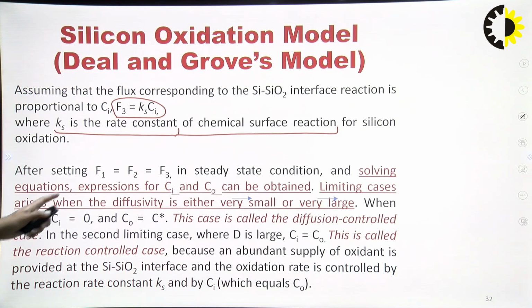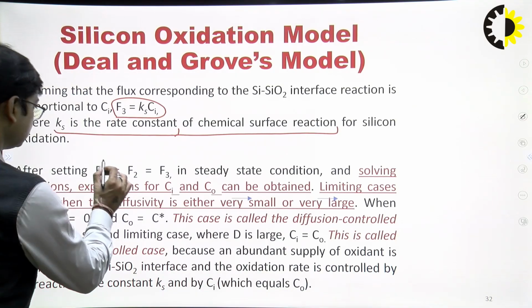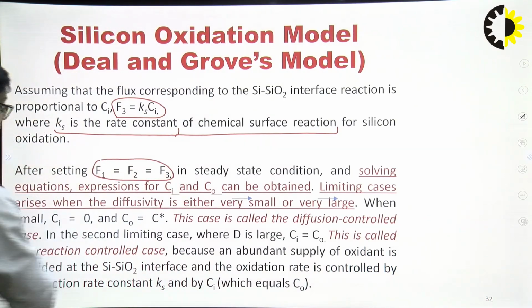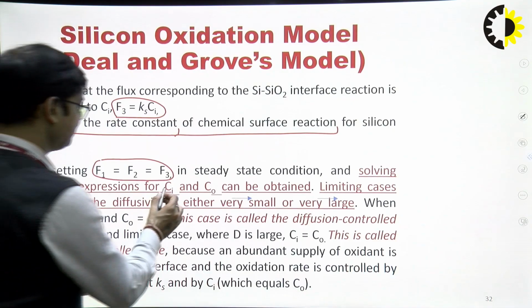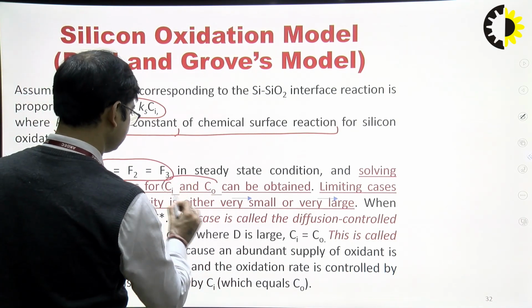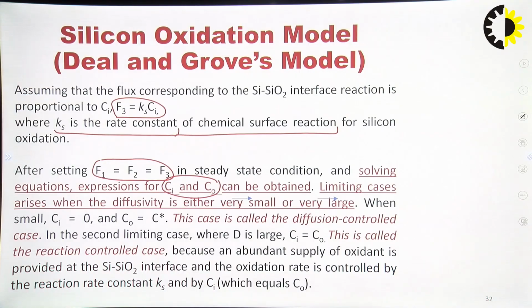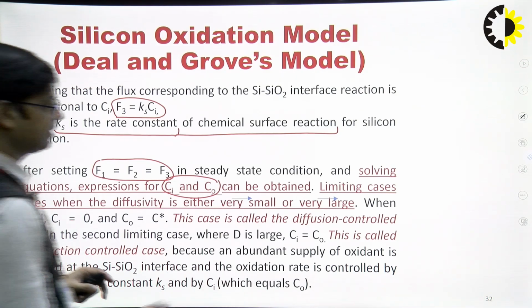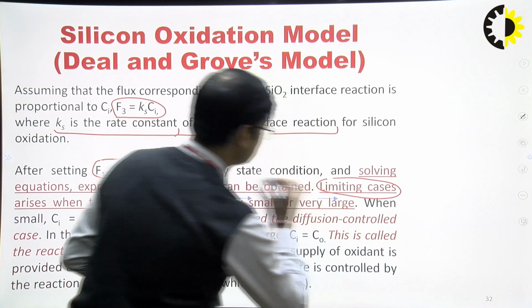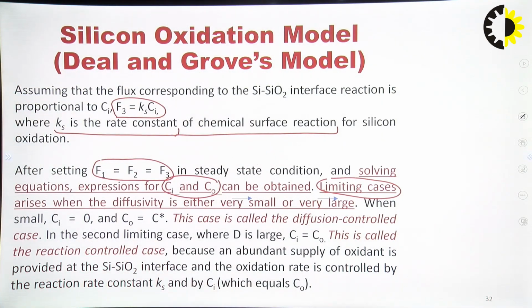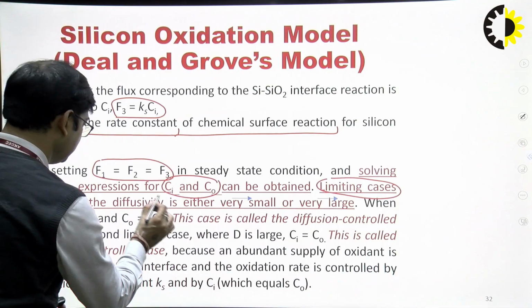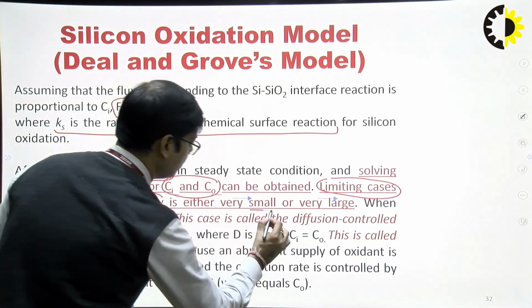After setting all three fluxes equal in a steady state condition and solving the equations, the expressions for Ci and C naught can be obtained. In this situation two limiting cases arise, when the diffusivity is either very small or very large.